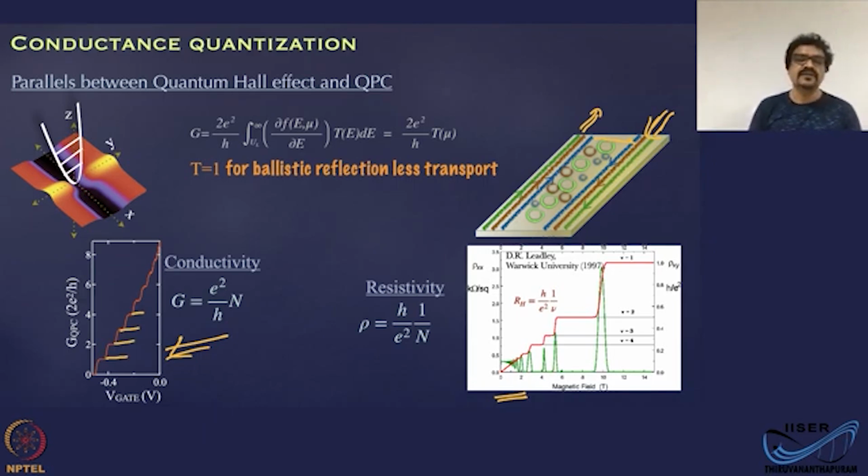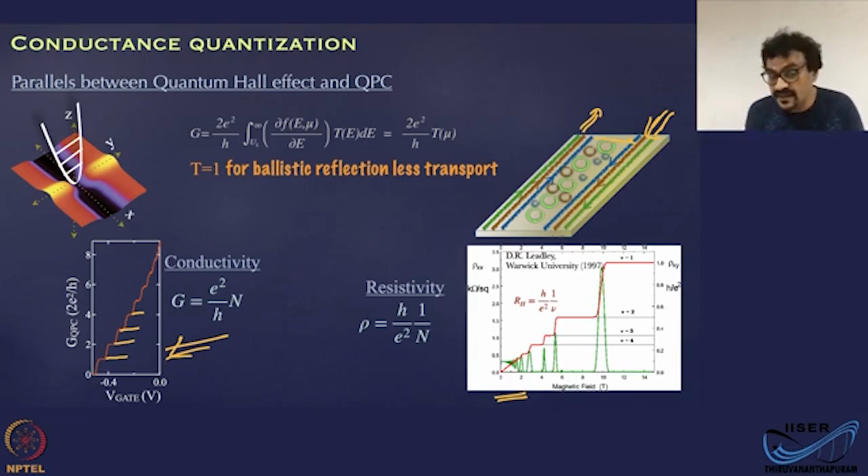Because when you change the gate voltage, you are opening the constriction and you have more and more scattering. But still, the system is in a regime where the transport happens ballistically. But you can still expect some amount of scattering. That is what is causing these steps to be not as perfect as that in the quantum Hall system.